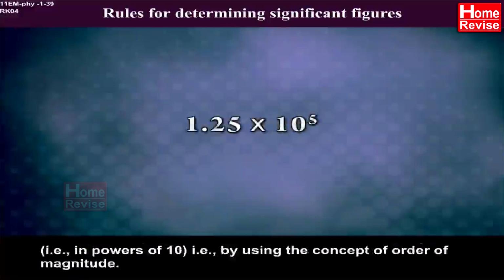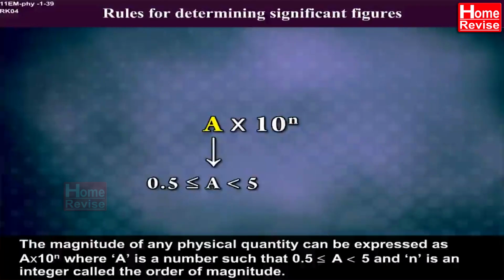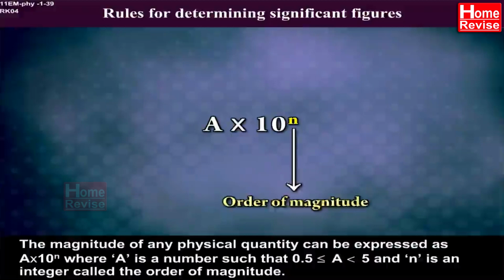That is, by using the concept of order of magnitude. The magnitude of any physical quantity can be expressed as A into 10 raised to n, where A is a number such that 0.5 is less than or equal to A, which is less than 5, and n is an integer called the order of magnitude.